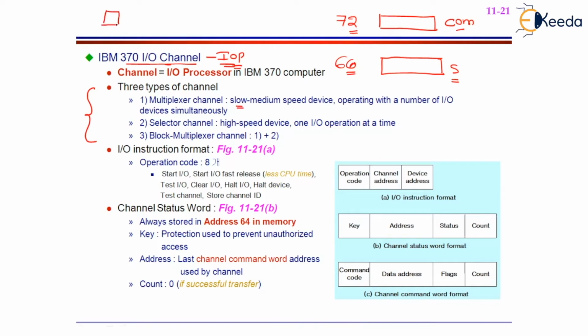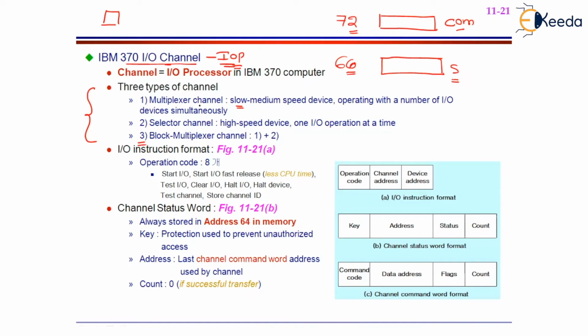The CPU wants to communicate with slower devices. At that time, it can use the multiplexer channel. The second one is the selector channel. If the CPU wants to talk to faster devices, it may use the selector channel. And if the CPU wants to communicate with both faster devices and slow devices, it uses the third one, which is called the block multiplexer.